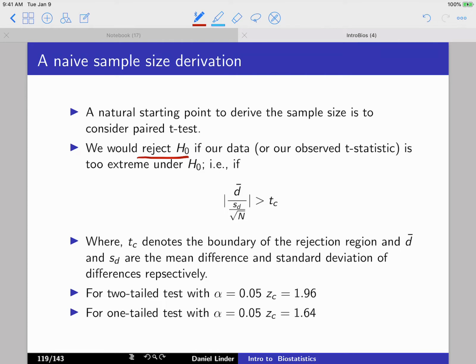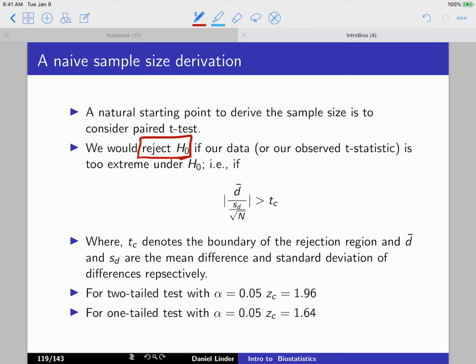Remember, if we reject H naught, that means we have found a difference. Typically studies are designed because the researchers have in mind that there is some kind of difference, and we want sufficient sample size to detect that difference, or in statistical terms, to reject H naught.